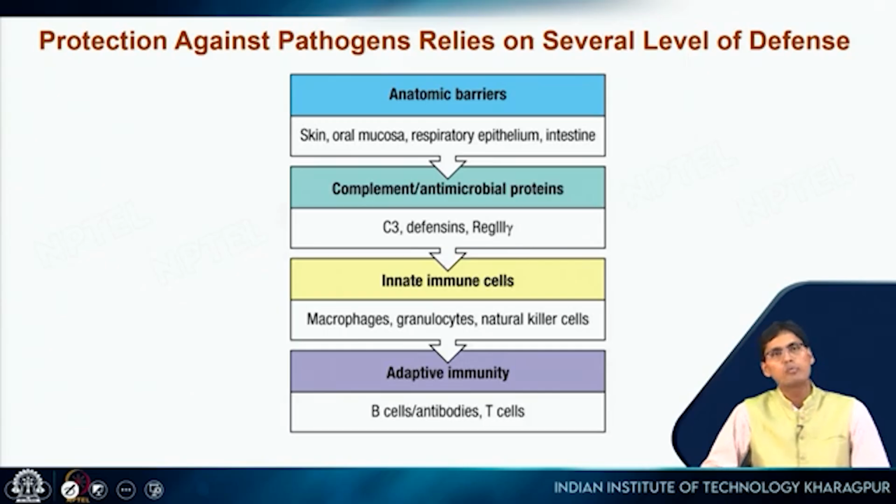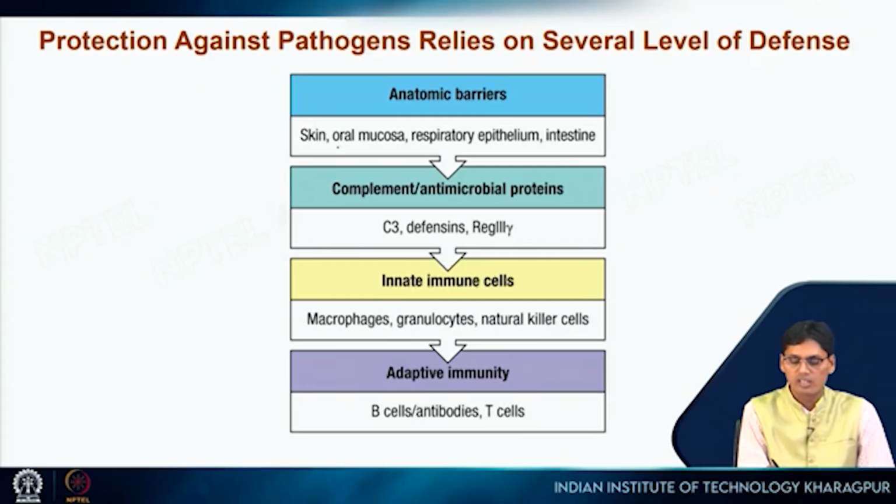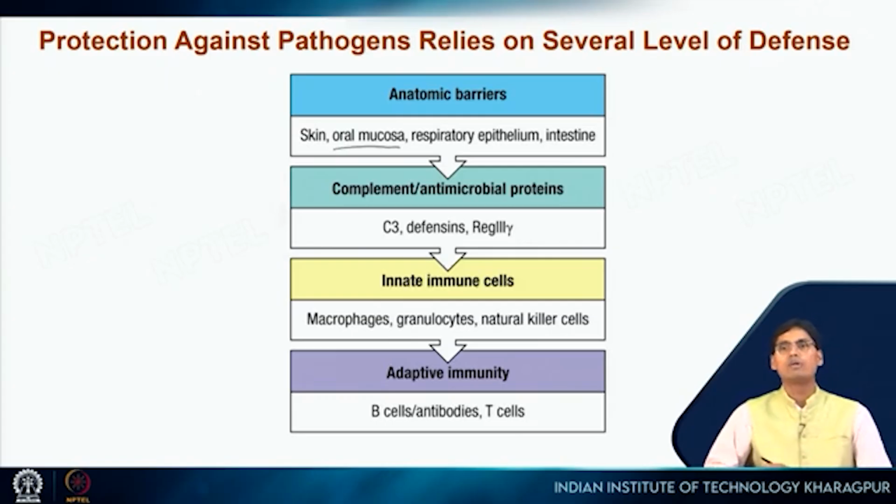Now, if you see, the protection against pathogens relies on several levels of defense mechanism. The first one is the anatomic barrier. As I already mentioned, the skin, which is covering our body, is an anatomic barrier. Oral mucosa: in our oral cavity as well as intestine, everywhere in the inner lining we have the mucus layer.